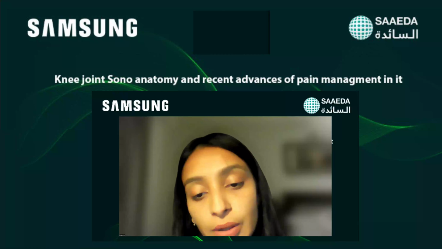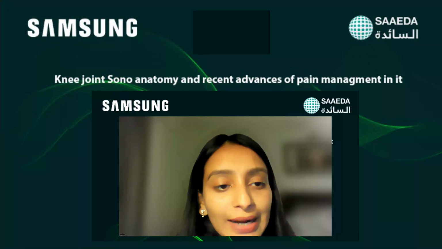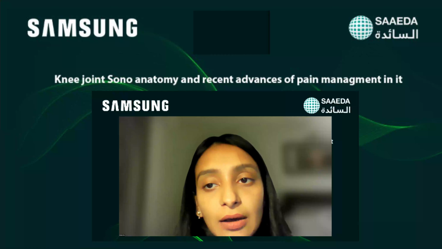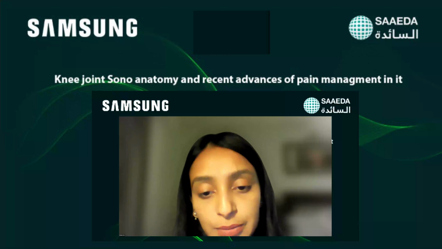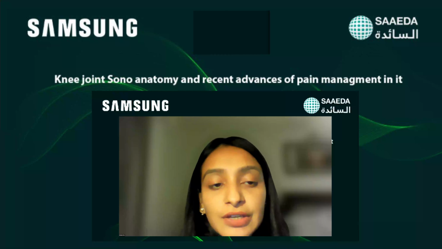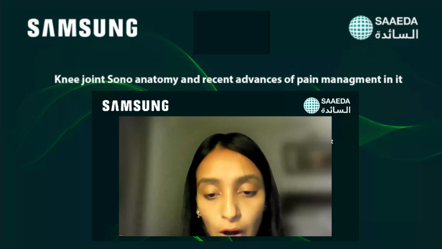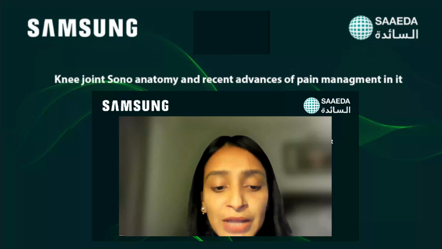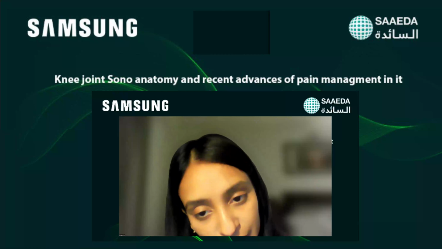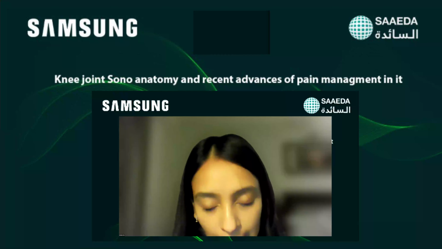As we know, there are 4 grades of osteoarthritis: grade 1, grade 2, grade 3, and grade 4. In grade 1 and grade 2, we see that there is substantial cartilage left between the 2 bones. In those cases, we give intra-articular injections using platelet-rich plasma or viscosupplementation. Basically these are regenerative therapies, not just PRP; prolotherapy has also been done.